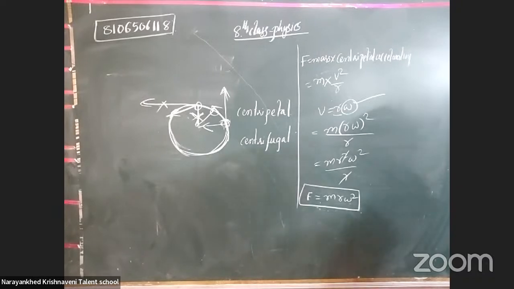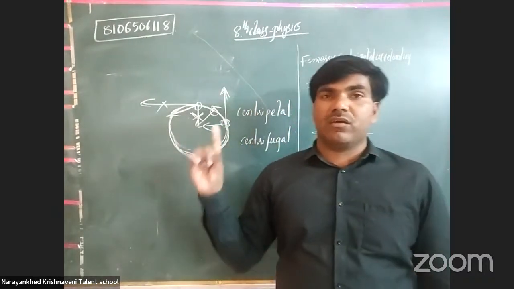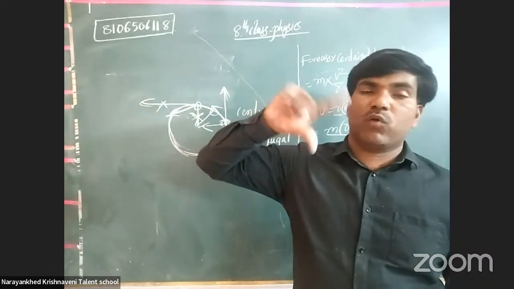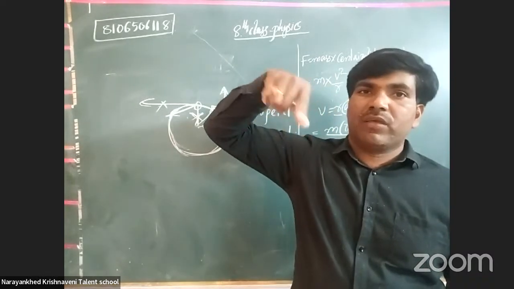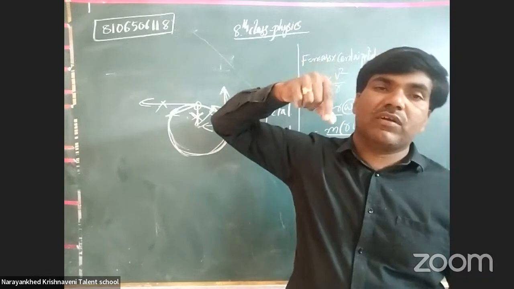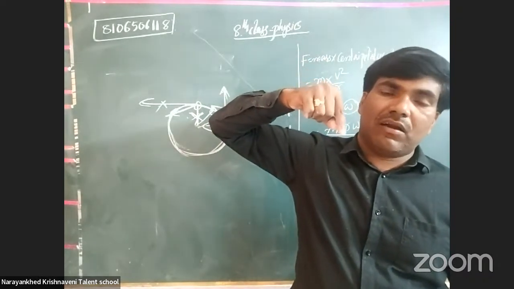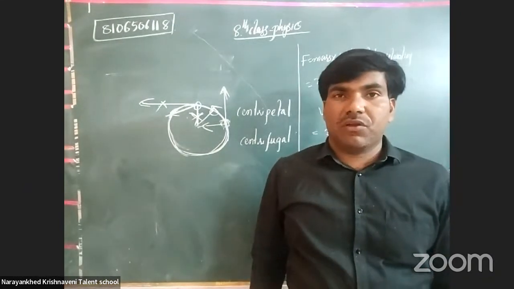Everywhere you consider, there are so many circular motions. Suppose you stir water with a spoon, it all moves about the center. Like that, centripetal force works in so many places in our regular phenomena.